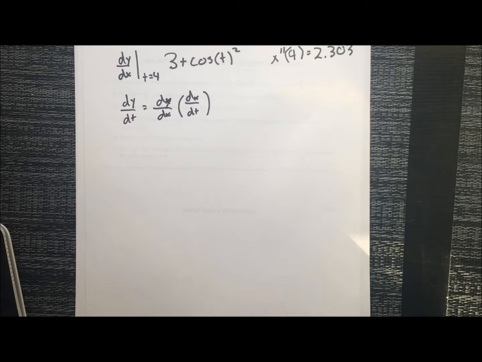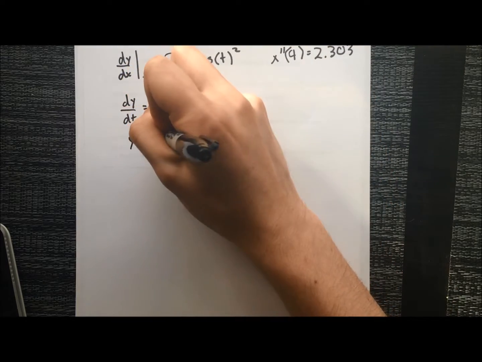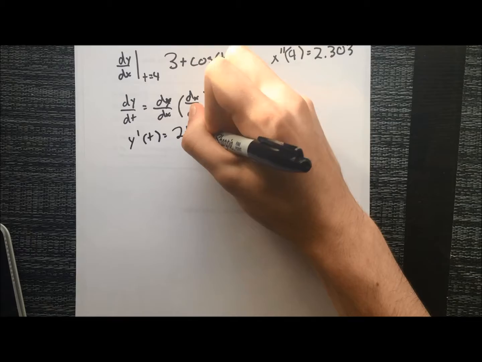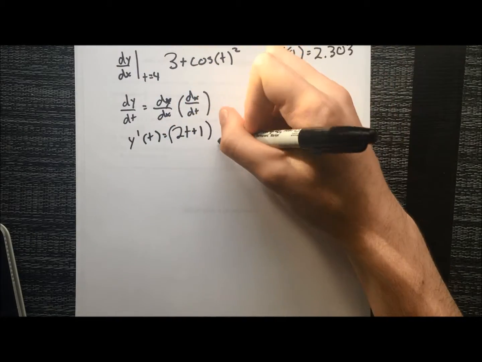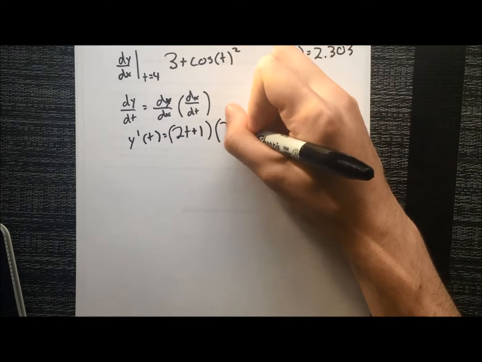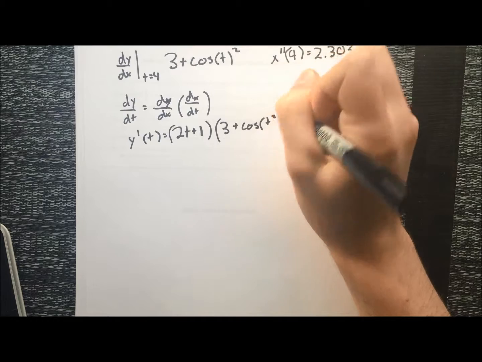We switch the form because we are given the slope 2t plus 1 for time greater than or equal to 3. So by just adding our known variables, we can determine y prime of t equals 2t plus 1, and then we plug in our dx over dt, which is 3 plus cosine t squared.